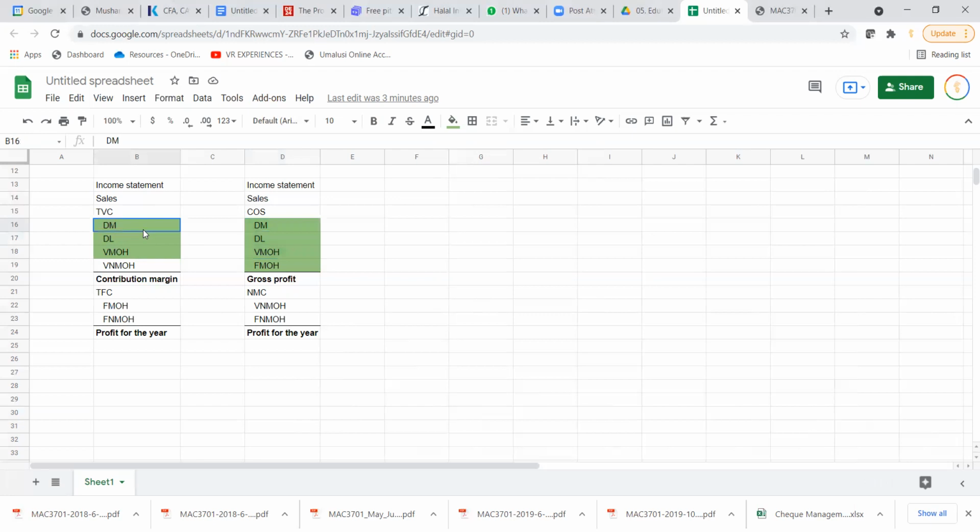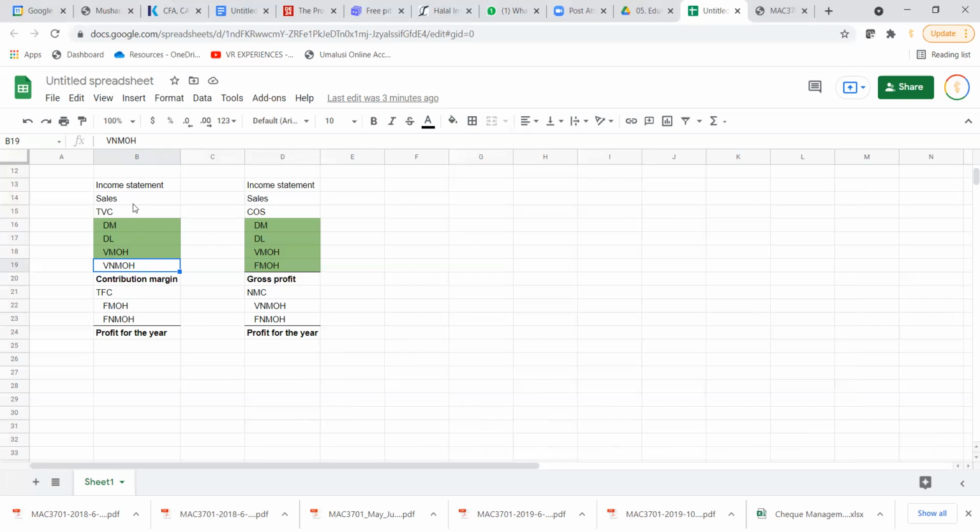You do not include that. An example of variable non-manufacturing overheads is a variable selling cost, like a commission. That does not form part of the cost of a product. What forms part of the cost of a product is only manufacturing costs. Please be aware of that.